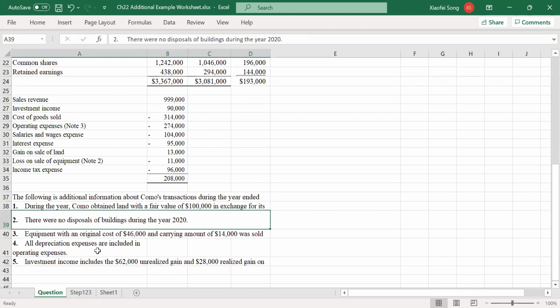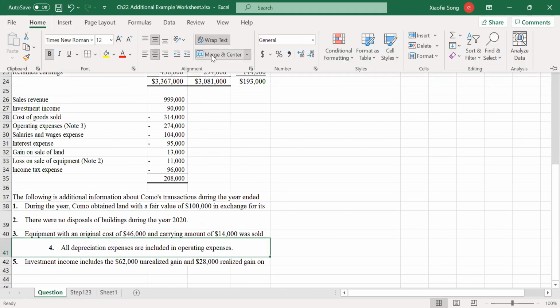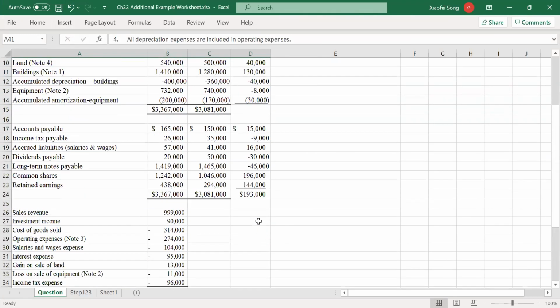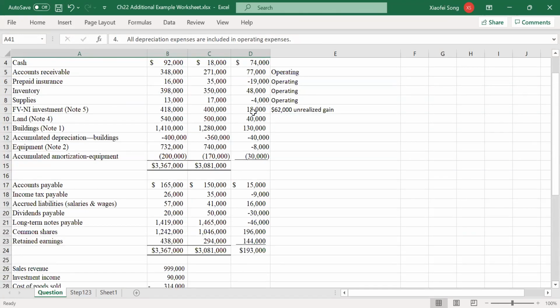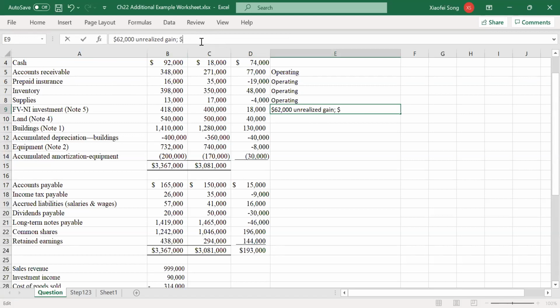Okay. So let's get this straight here. Okay, so how much must have been sold? Now it's only increased 18 and unrealized gain is 62. So the difference between that, in order for the increase to be 18, not 62, that must mean 44. Yeah, 44,000 sold.